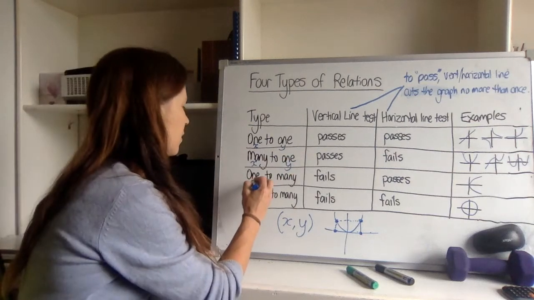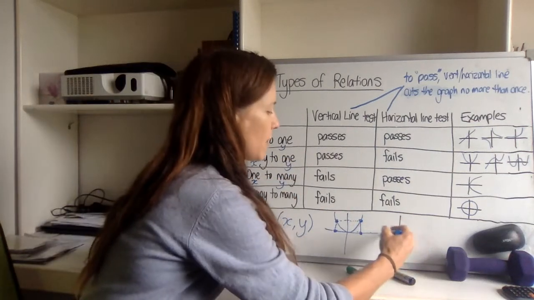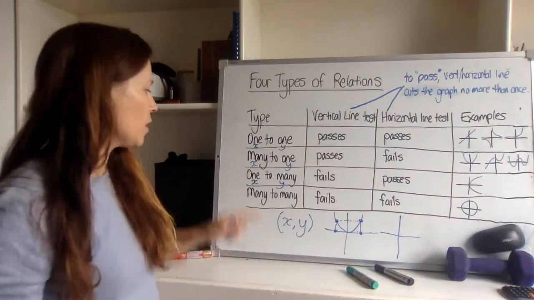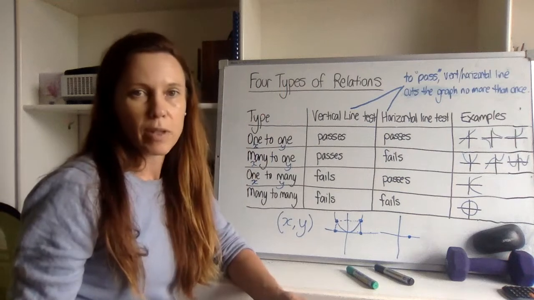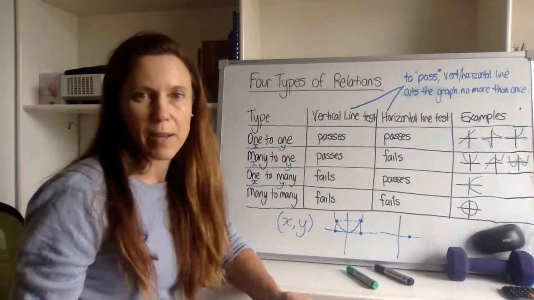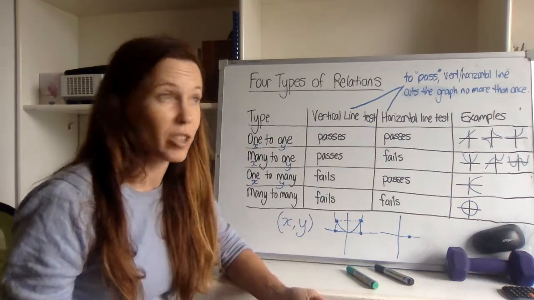One x to many y, think about what that means. If you don't have the graphs in front of you, if you've got one x value, pick an x value, say x equals 2, how would it look if it's mapped to many y's? Well, many in this case can just mean 2.